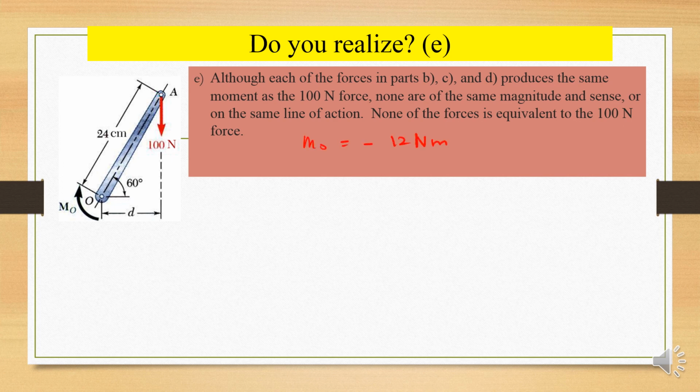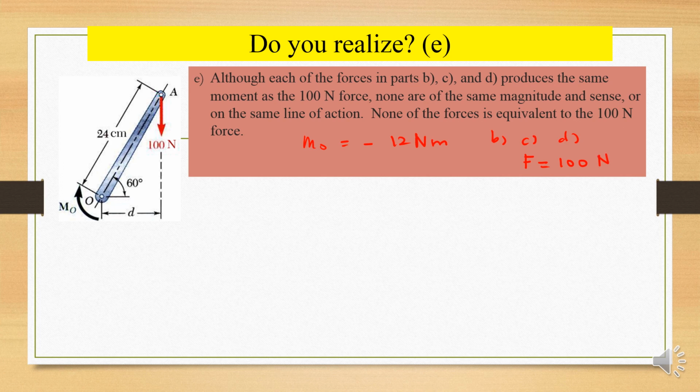So the question asks us to identify is there any force at B, C and D which has the same value as question A, which is 100 Newton. The answer is no.